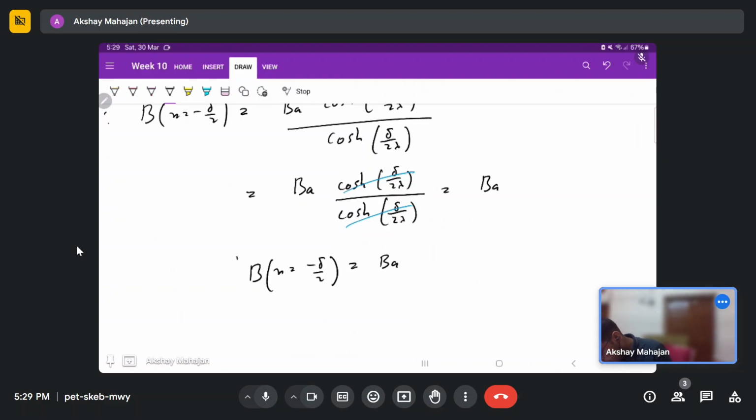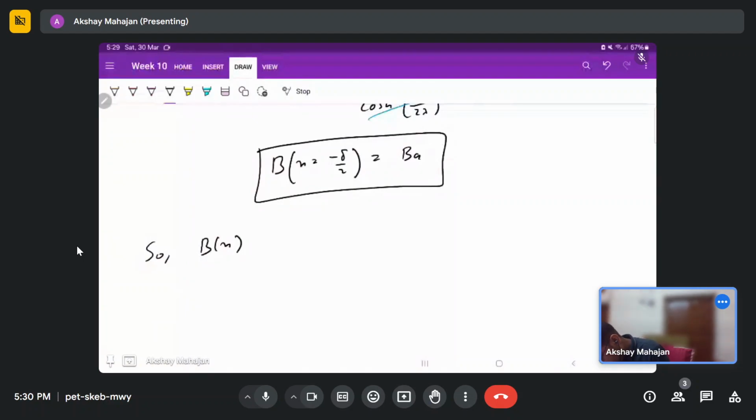So B of x satisfies equation number 2, which is our boundary condition.